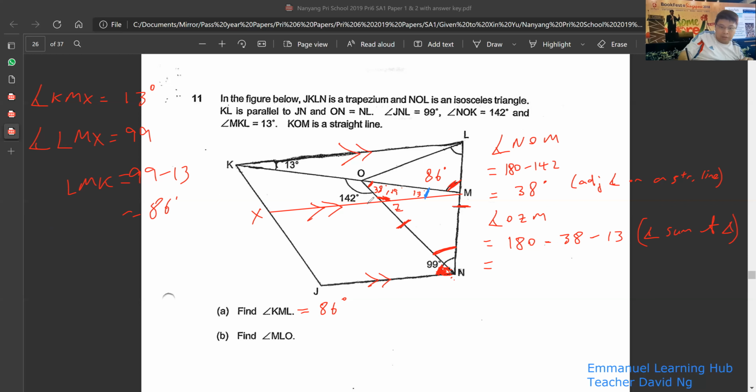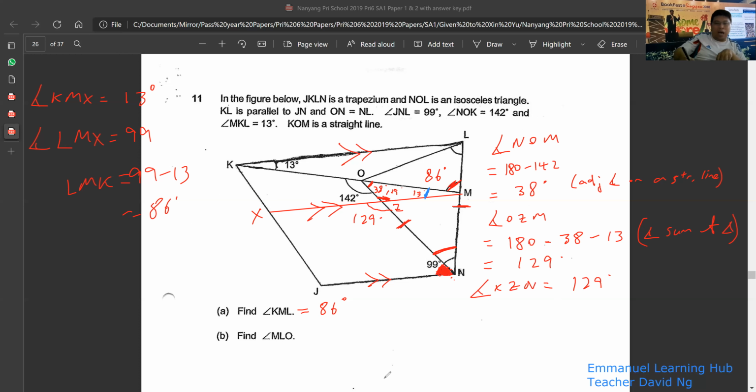If you know this is 129, what is this angle? XZN. 129 also, because it's vertically opposite. Okay, now you know this is 129. Are you able to find this angle that I shade here? Yes.